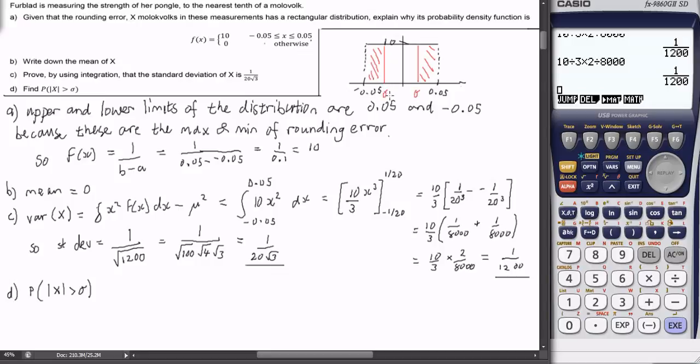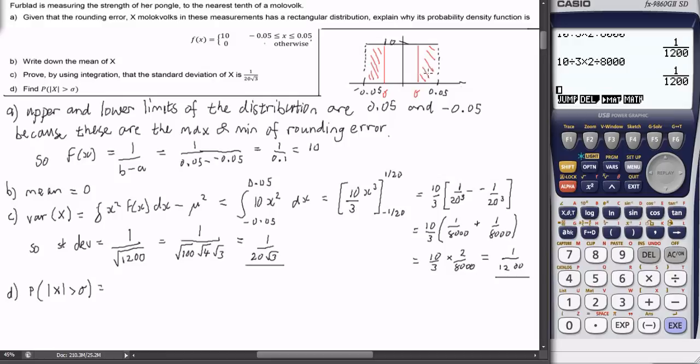So the shaded region that I've shown on the diagram is the area that we want, whether the absolute value, irrespective of whether it's negative or positive, is bigger than standard deviation. And we can see from the diagram, we know that the standard deviation is 1 over 20 root 3.